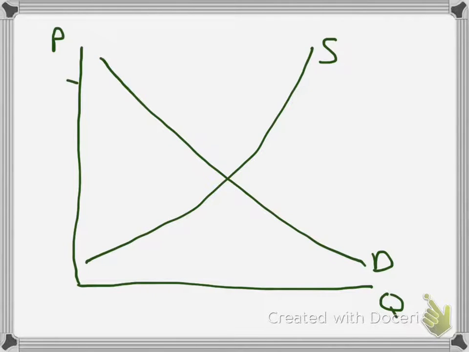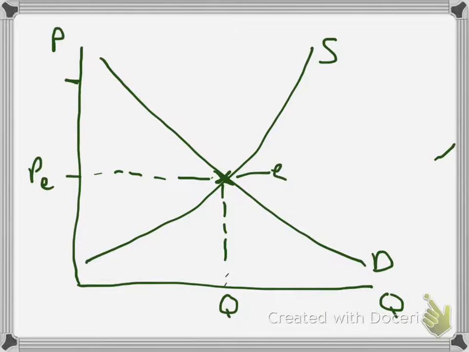For example, if we pick a price that is not here, so this is going to be what we call equilibrium. The equilibrium price and equilibrium quantity will be where they cross. That point where they cross is going to be equilibrium.